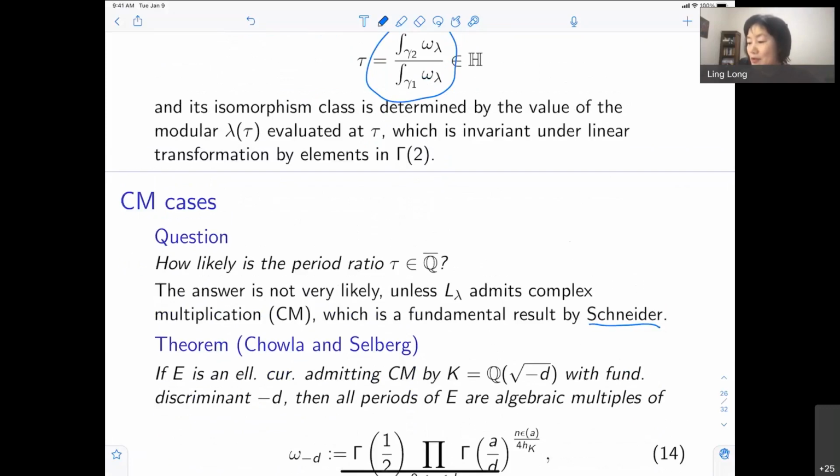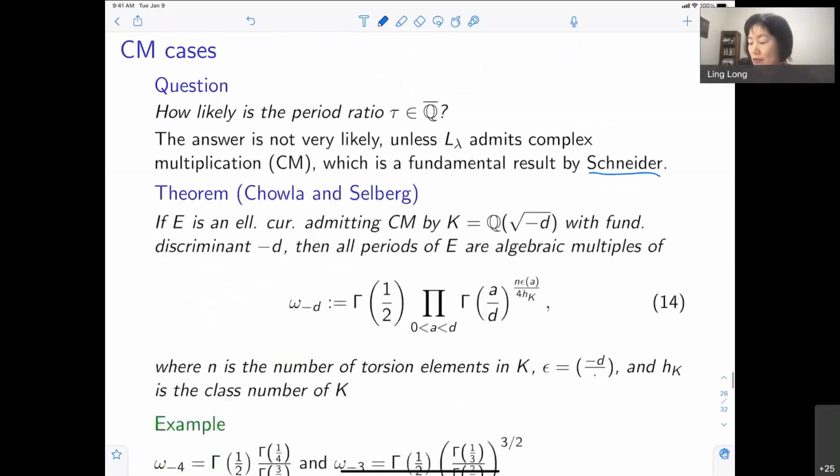And then it points to the Chowla-Selberg period, which is tied to one of the results by Nesterenko that I mentioned earlier.